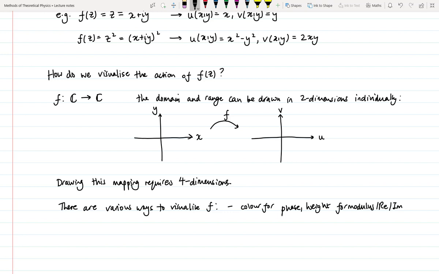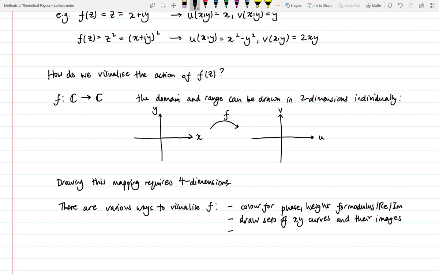There are a couple of other ways that you can visualize the action of a function. You could also draw sets of curves in the xy plane and see where they get mapped to under the function. We call those their images. So you'd have 2 sets of curves on a single set of axes, one describing xy inputs and the other describing uv outputs.